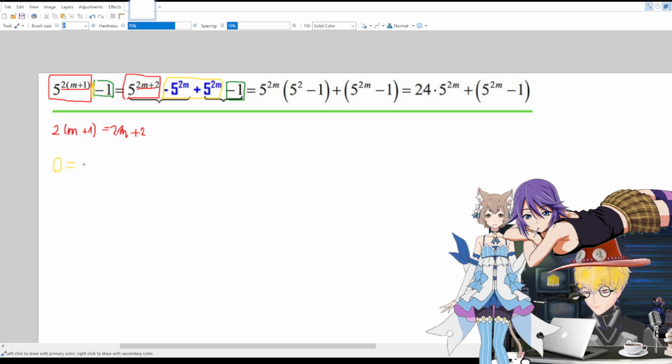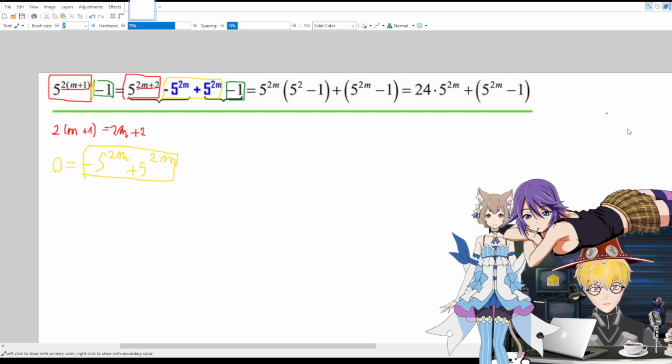Since we have minus 5 to the power of 2m plus 5 to the power of 2m, that is 0 because they cancel each other out because of the signs. So this is 0. This is just added to basically expand the equation further or make it smaller.